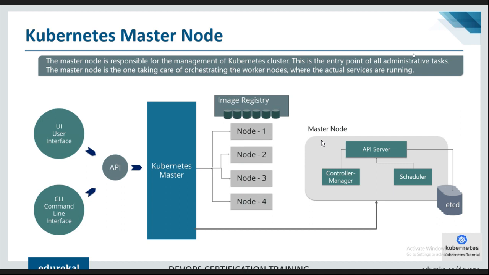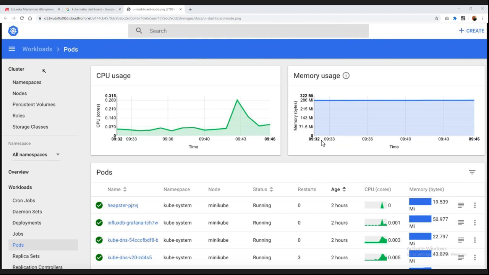This is the entire dashboard of how Kubernetes looks. Here we can have the multiple clusters available, and we can see the entire report in terms of the CPU usage and the memory usage, how much memory is being used.